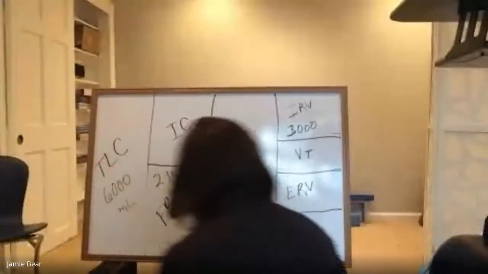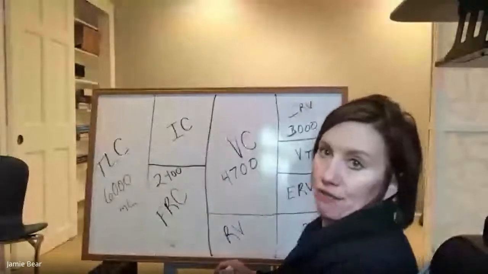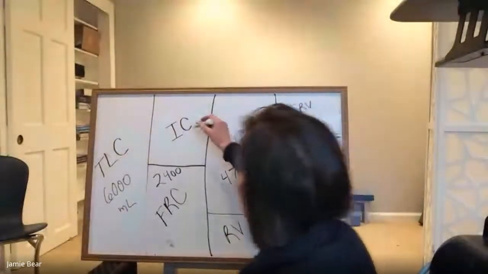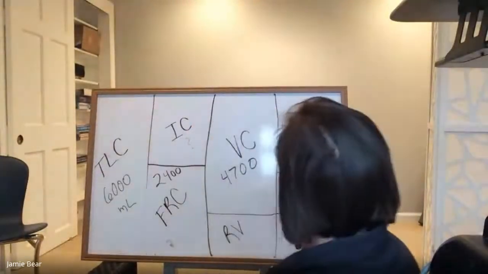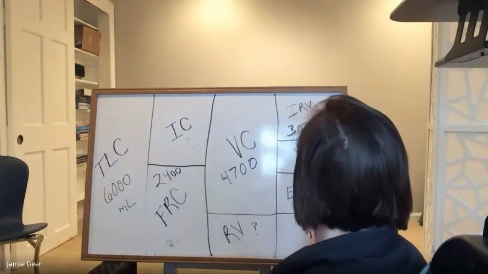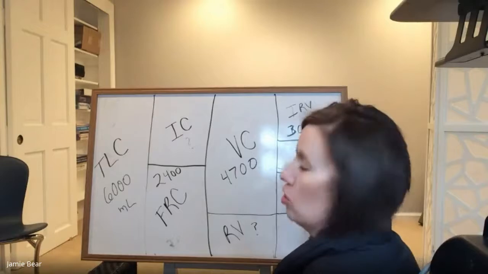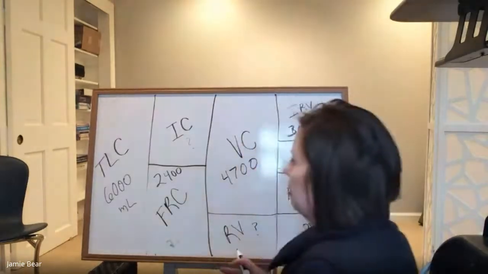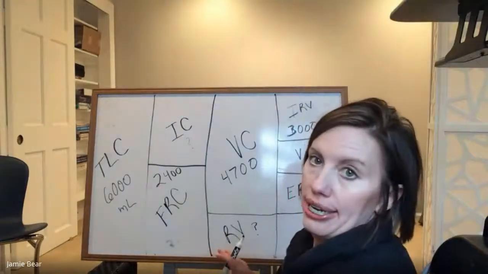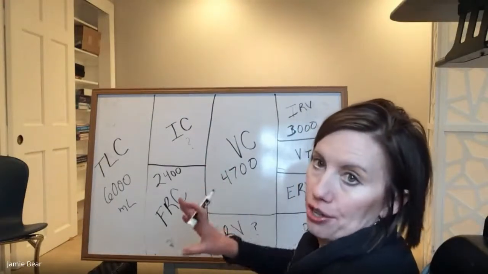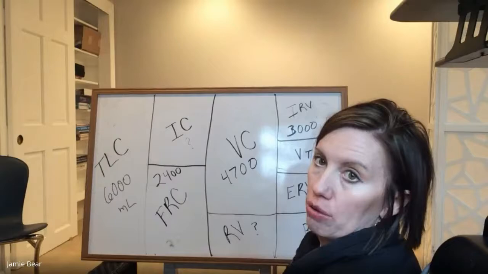Okay, so now we're asked to find the rest. We're asked to find inspiratory capacity, residual volume, ERV, and tidal volume. So one of the things you need to do is look at the board and say, okay, which one can I subtract from each other to fill out the rest of this?